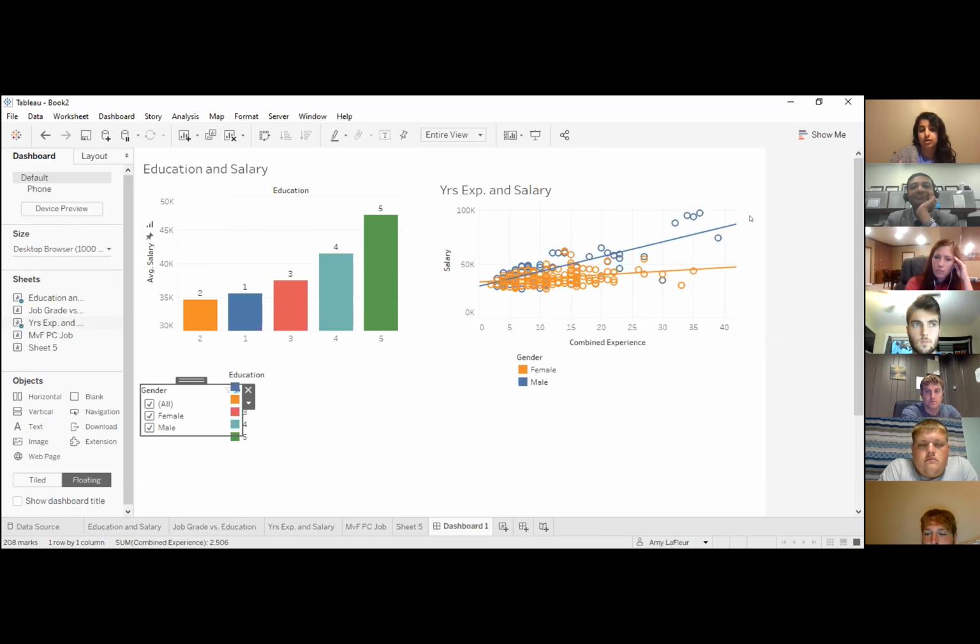The more years of experience that a man has, they are compensated for those years accordingly, whereas for women it's more of a flat line. So at some point, those extra years of experience are not compensated as much. And so that's what the storyline tells you.